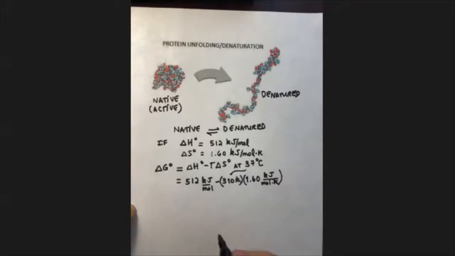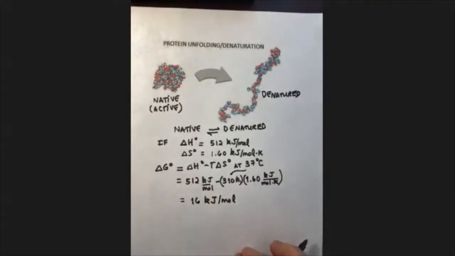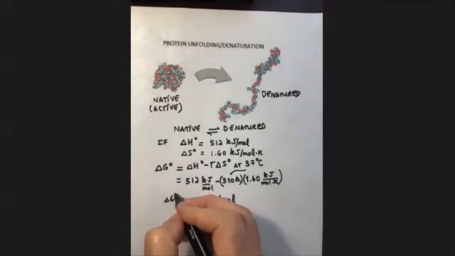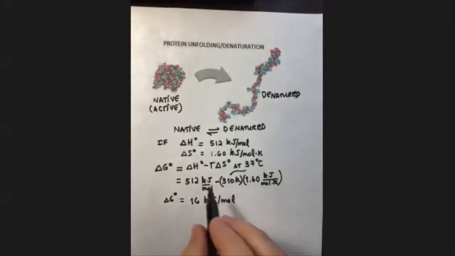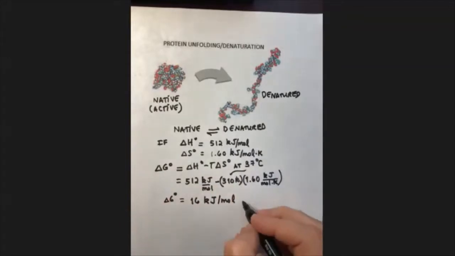And that comes up to be, I'm going to say, 16 kilojoules per mole. So what does that say about it? In other words, the denaturation, the unfolding of this is non-spontaneous.